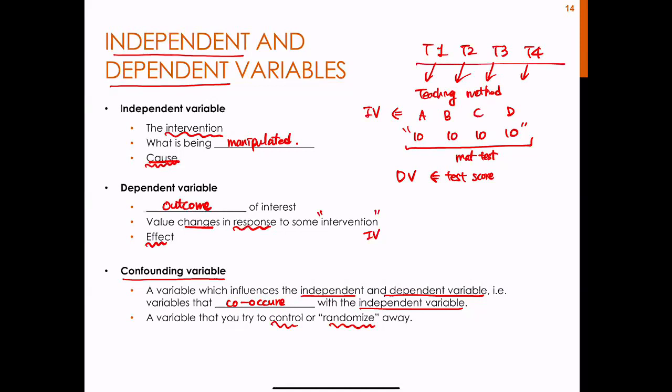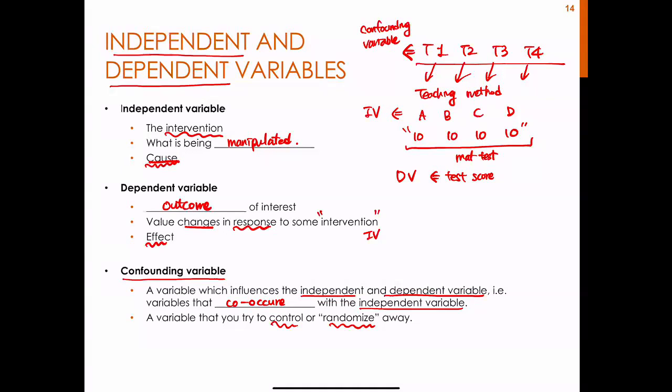So in this case, different teachers can be a confounding variable. So like this, a confounding variable has to be controlled in our studies.